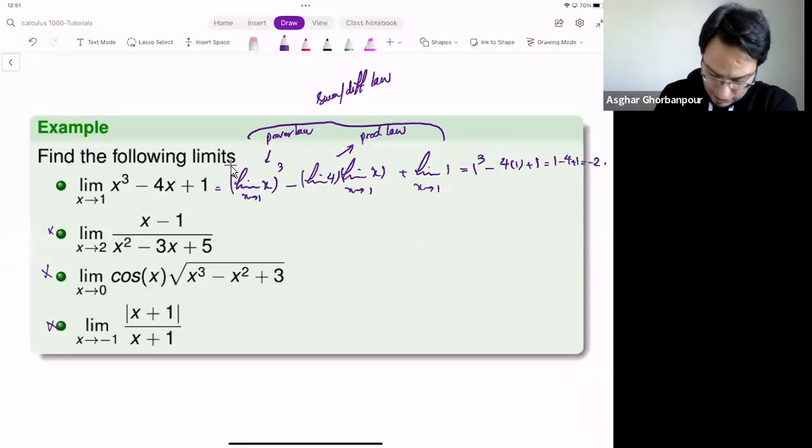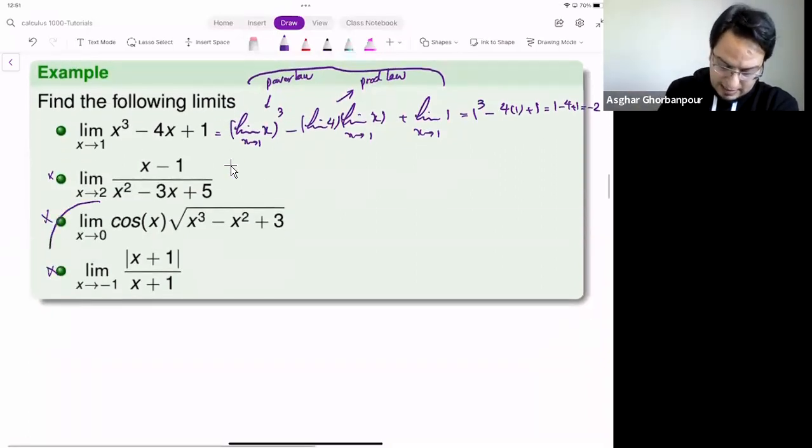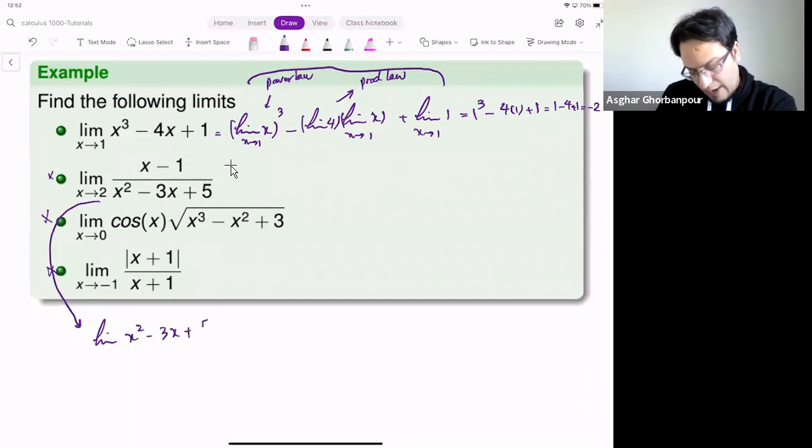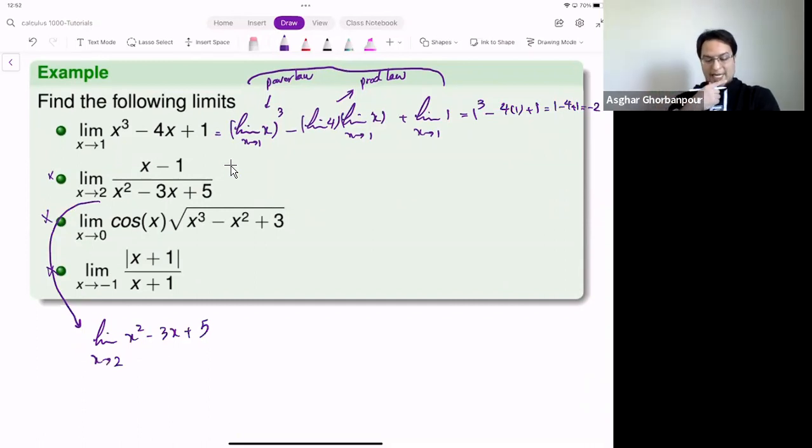Same kind of work I can show here, but this is a quotient. Before I start working with the quotient, this is the process you have to make sure you follow whenever you get a quotient. You first try to understand what the limit of the denominator is.